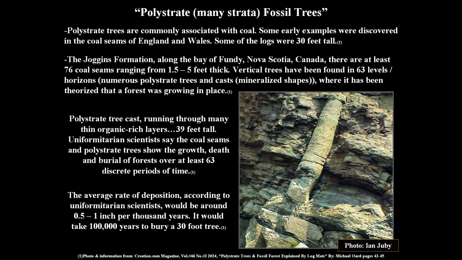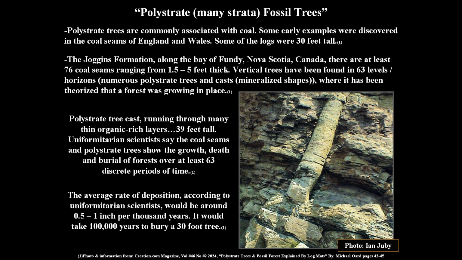Polystrate trees are commonly associated with coal. Some early examples were discovered in the coal seams of England and Wales. Some of the logs were 30 feet tall. The Joggins Formation along the Bay of Fundy, Nova Scotia, Canada, has at least 76 coal seams ranging from 1.5 to 5 feet thick.